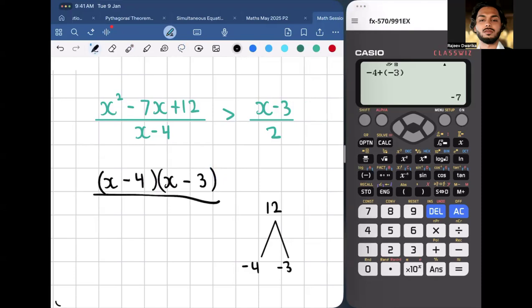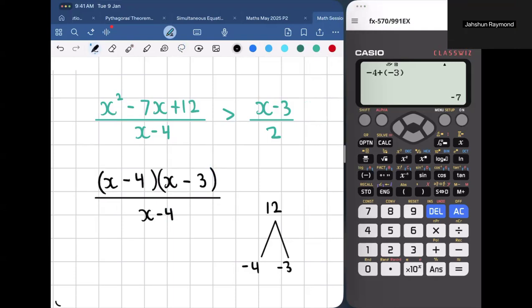And let me ask you a question now. If you look on top, this is an example of a what? A product, right? And in the bottom, we have x minus 4. Are you seeing the same thing on the top and the same thing in the bottom? Yes, sir. So what that means, if you have x minus 4 by this on top, and then you're dividing it, what will happen?